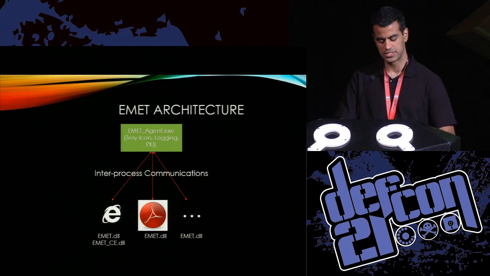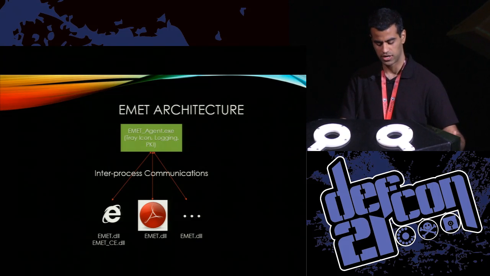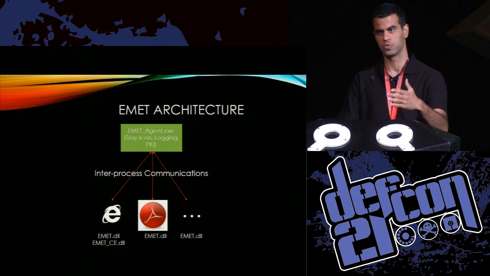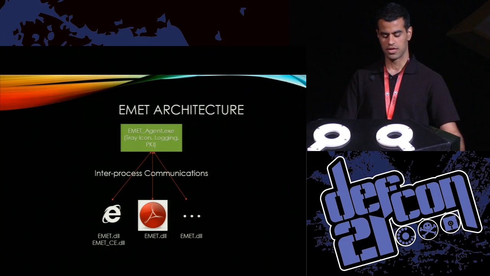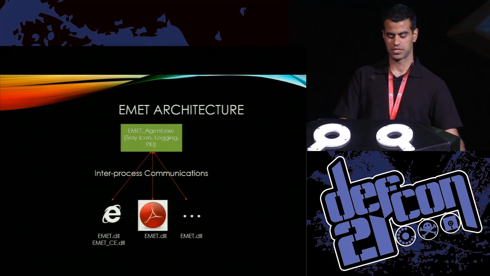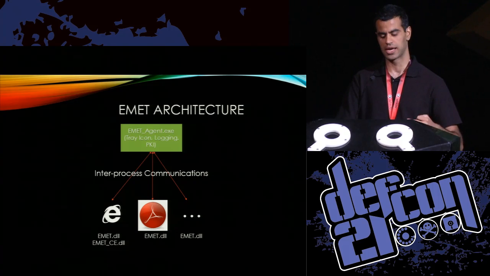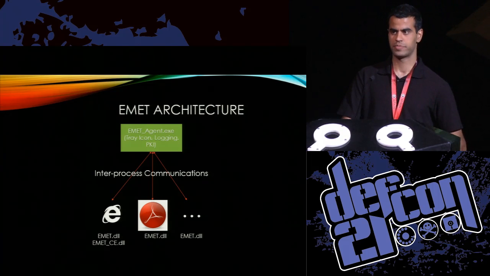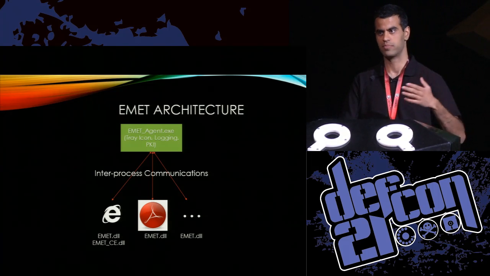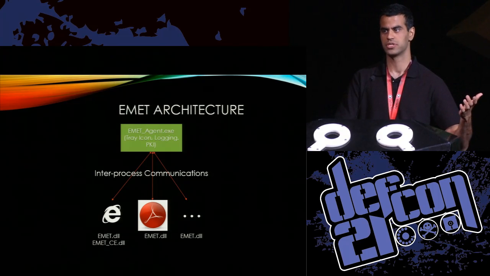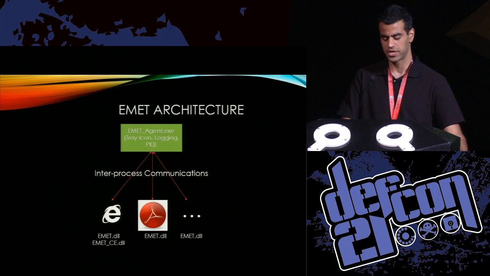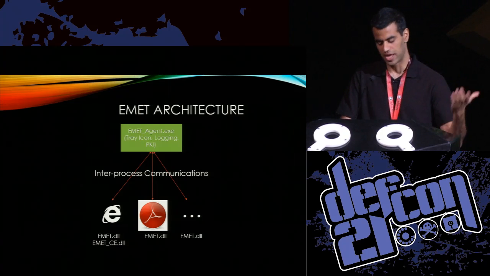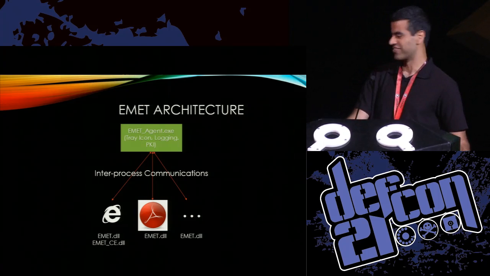Basically all these DLLs use inter-process communication to communicate with the EMET agent, which you would see running on your machine if you're running EMET. The EMET agent is the one that implements the tray icon, the logging and the PKI logic. emetce.dll is loaded into browsers or programs that use CAPI, the Windows crypto APIs.